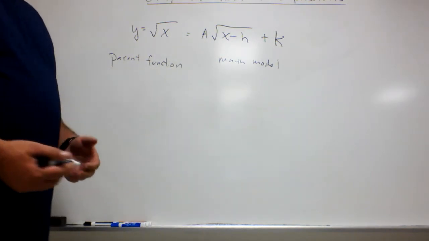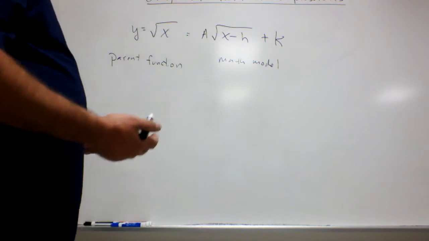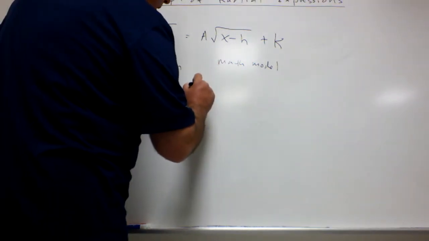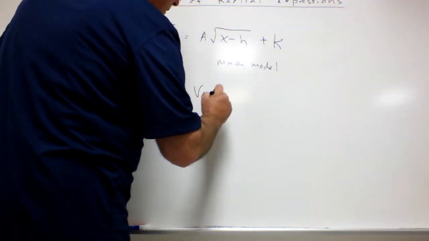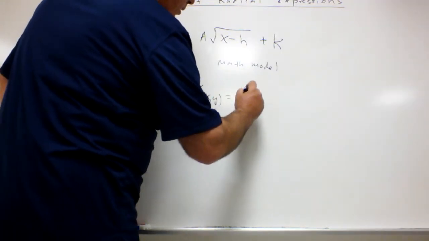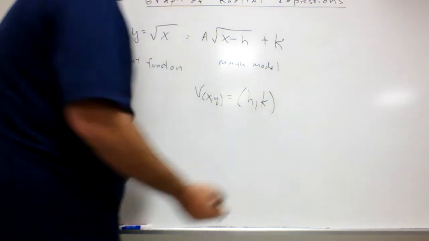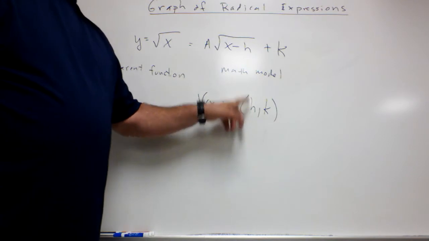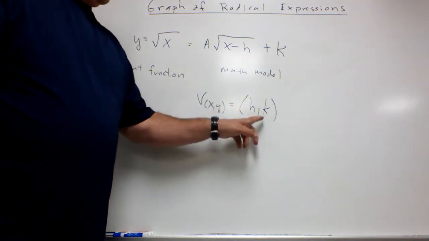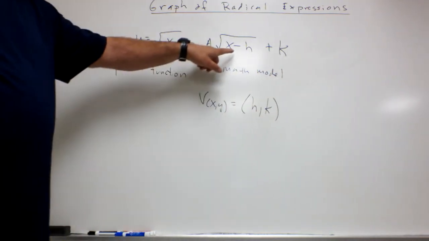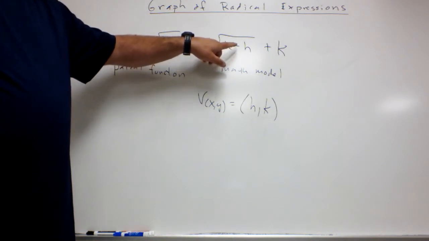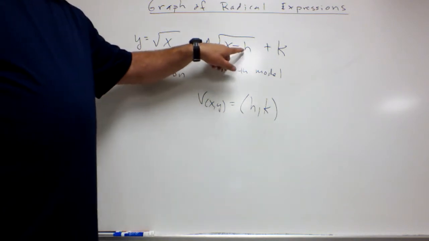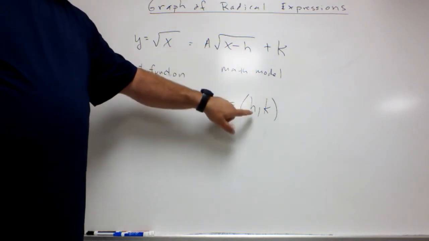Okay, so we want to graph the parent function. Well, there's a few things we should note first. One of the first things is that the vertex of the equation has x and y coordinates at the address of the variables h and k. So notice that the x coordinate is h and the y coordinate is k. The thing we should be careful of is that the math model calls for x minus h. So you want to use the opposite of whatever sign is here.